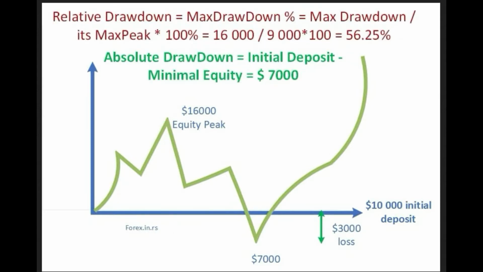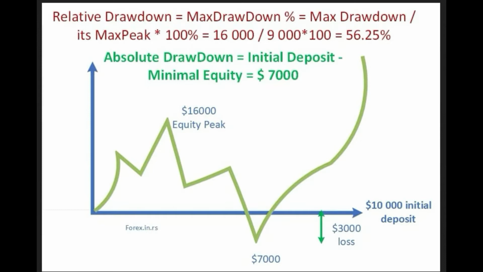Relative drawdown, you just need to understand, is a percentage of your maximum drawdown. So you see your maximum value was $16,000, and you know that the maximum drawdown value was $9,000.